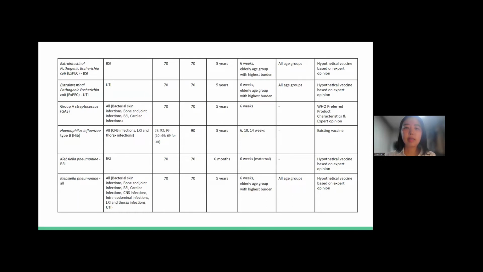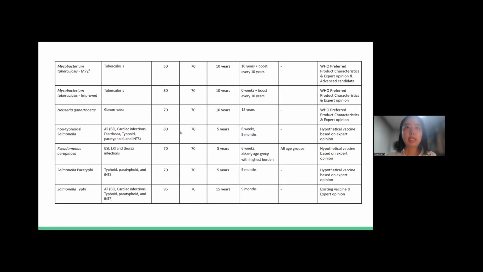So we estimated with a hypothetical situation that the vaccine were given in the 6th week after the birth and became effective after 2 weeks, which means that it will be effective from the 8th week from the birth. And then we assume that the immunization will last for 5 years.